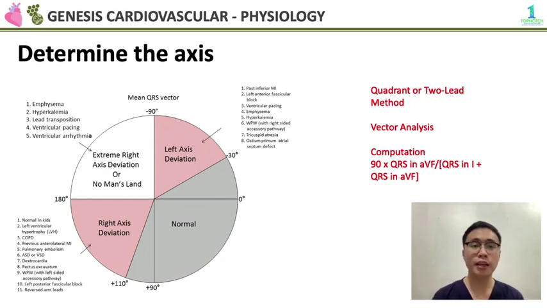And usually naman, it gives us an idea whether it's normal axis or possibly left or even right axis deviation. So you can see in this slide that there are a variety of conditions that are associated with axis deviations. But of course, this is not 100%. Hindi porket may axis deviation, automatic 100% sure ka na mayroong pathology, because there are a lot of factors that can affect the ECG.